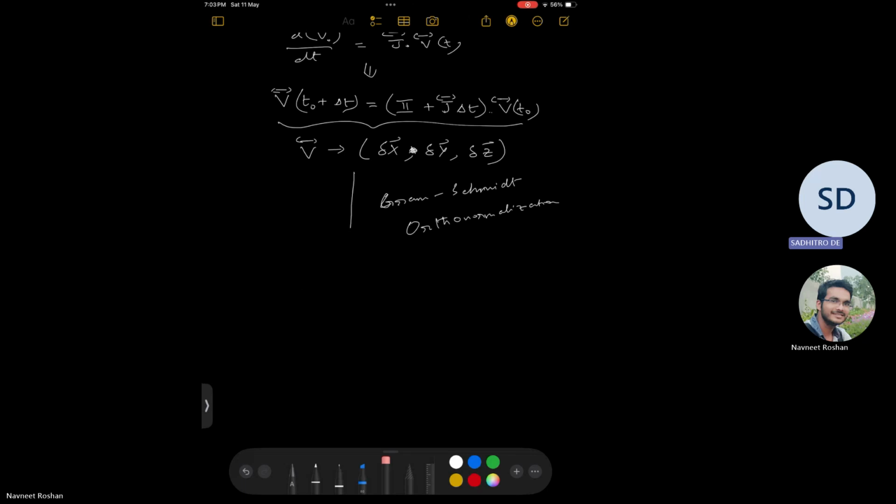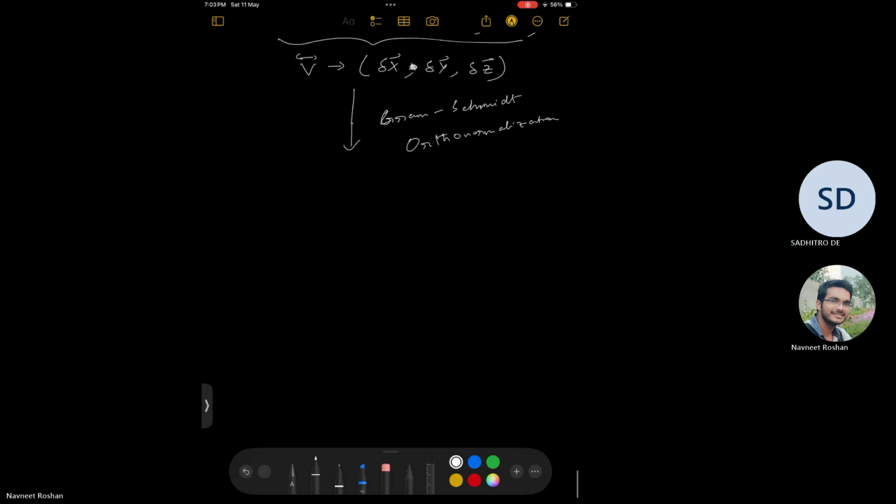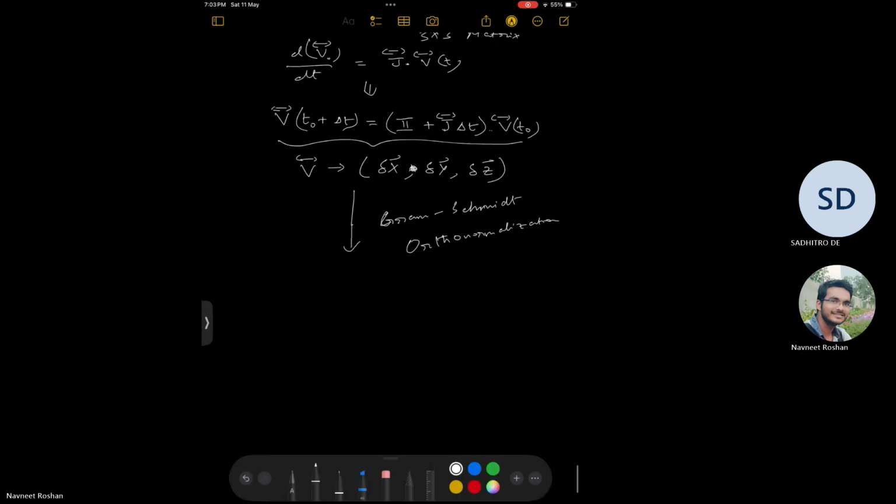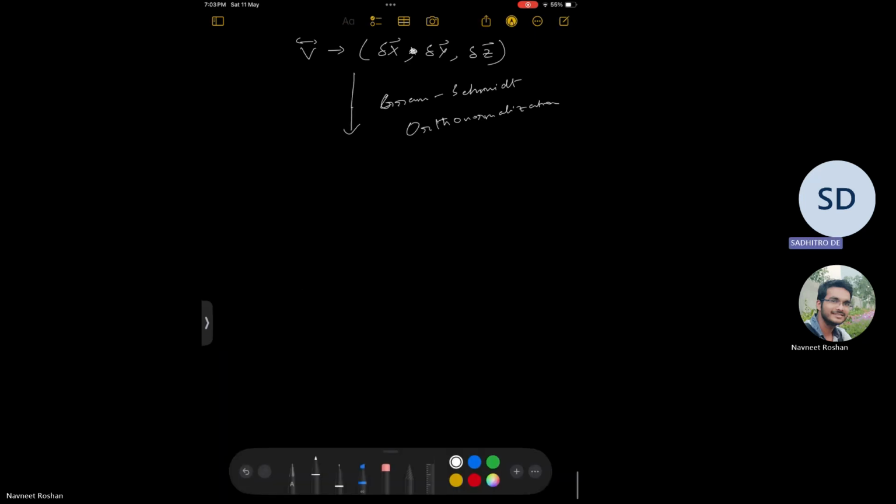And how does this work? So this basically means that suppose you have a matrix which comprises the vectors delta x, delta y, and delta z.